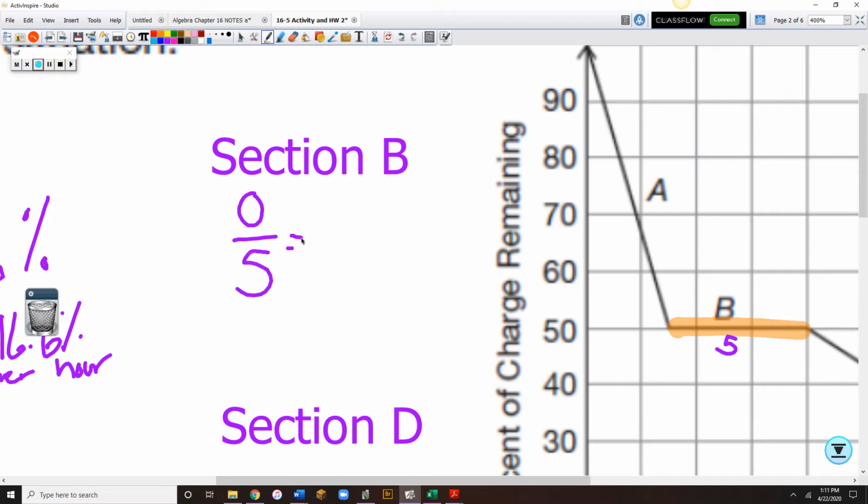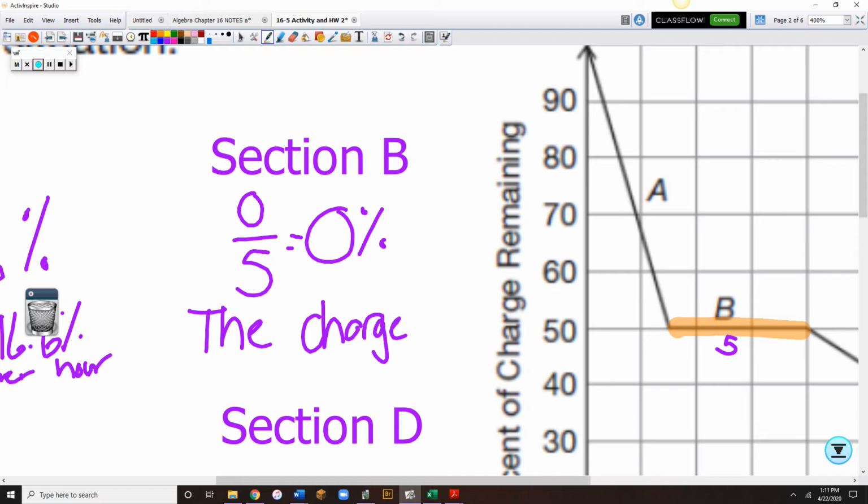Well, 0 over anything is 0%. So the slope here is 0%, or 0, and this indicates that the charge did not change.